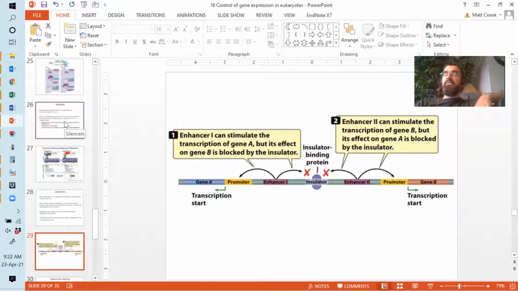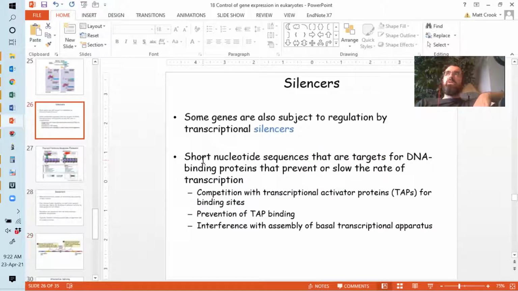Now, silencers are essentially regions which negatively regulate transcription. And so there's going to be a balance between what enhancers are present and what silencers are present.